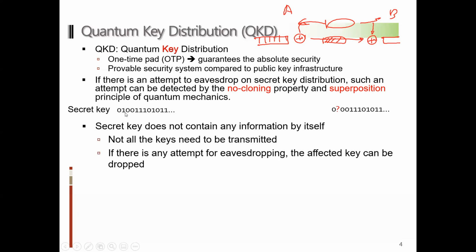Then they can just agree that they don't need this second bit, and they just remove it from the sequence of the secret key. If this was typical communication, Bob would say that he didn't receive the second bit, Alice would try to send that bit back to Bob, and they would do some kind of handshaking protocol to confirm that the second bit has been properly transmitted.